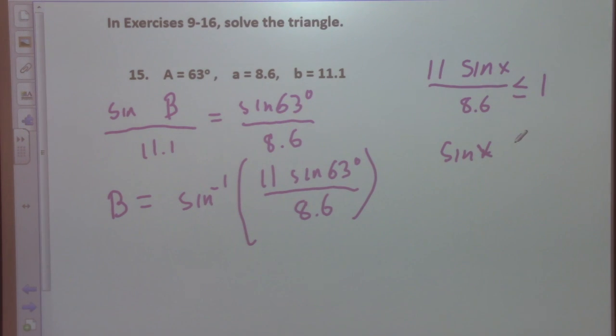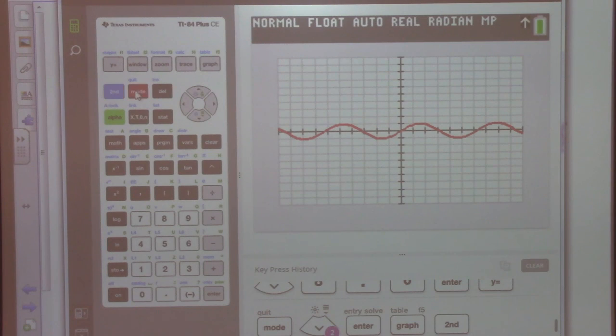And so what we need to do is, sine x is going to be less than or equal to 8.6 over 11. So if we find the inverse sine of 8.6 over 11, that'll be it.